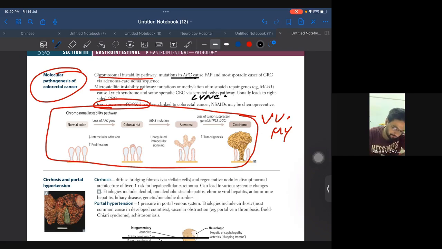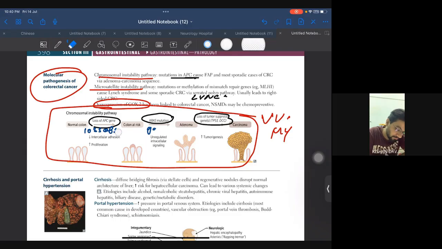Now let's see the diagram. If there is progression from normal colon to colon at risk, the problem is of epithelium. If the colon at risk transforms into adenoma, the problem is in this gene. And if adenoma transforms to carcinoma, the problem is in this gene. Write down one thing they haven't given here: this is loss of function, here it is gain of function, and here again loss of function.